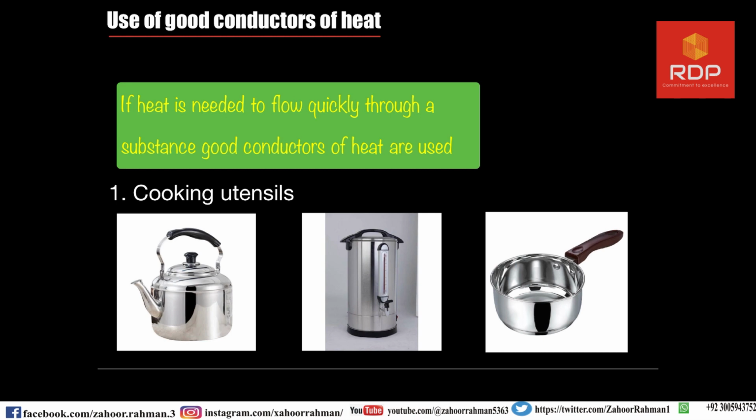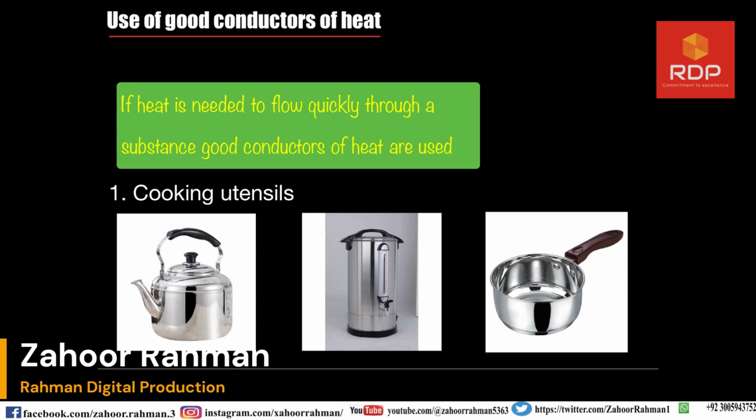So if heat is needed to flow quickly through a substance, good conductors of heat are used. Some examples of the use of metals, which means good conductors of heat, are cooking utensils.